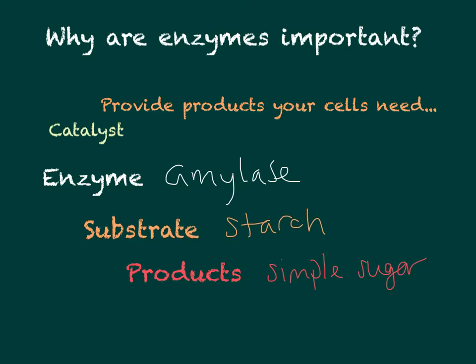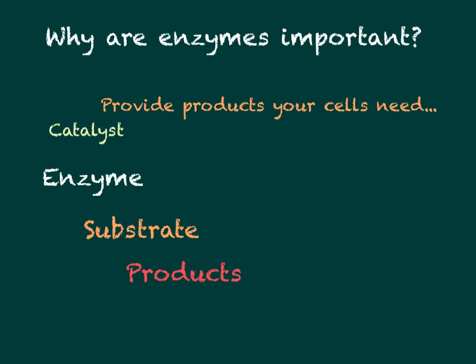These simple sugar products can then be used and broken down for energy, which is the major reason that our cells need simple sugars. Or it can be broken down and built into larger carbohydrates like markers on your cells, so different cell structures. I'm running out of space.